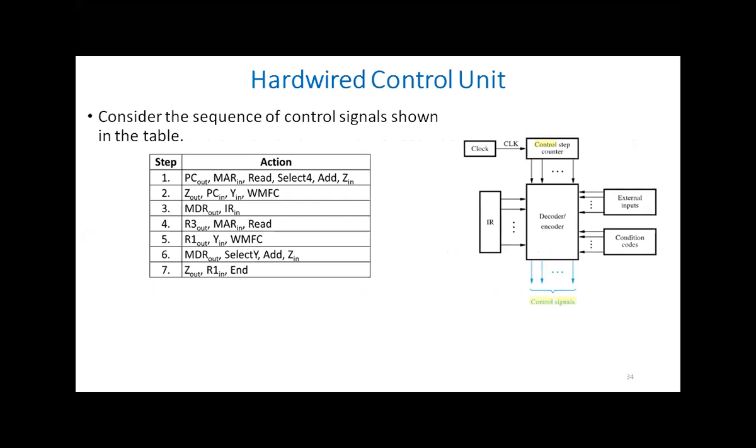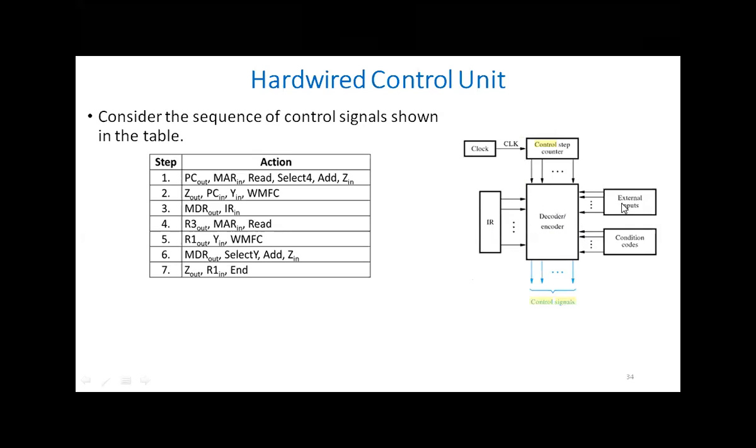In this slide, I'm going to explain how the hardware control unit generates the control signals and what the components of the hardware control unit are. This is the diagram which shows the hardware control unit. There is a decoder and encoder unit, and there are several inputs to this unit.